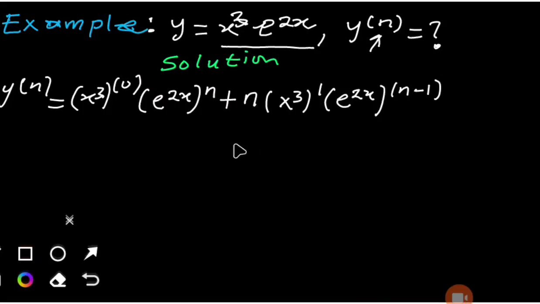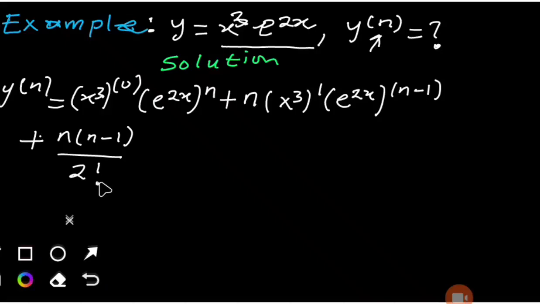All right, we'll do the same up to 3 times. I'm not started differentiating yet, I'm just writing out the formula to help you understand. If we go again, this is going to be plus. The coefficient of the next term from your binomial expression will be n into n minus 1, divided by 2 factorial.